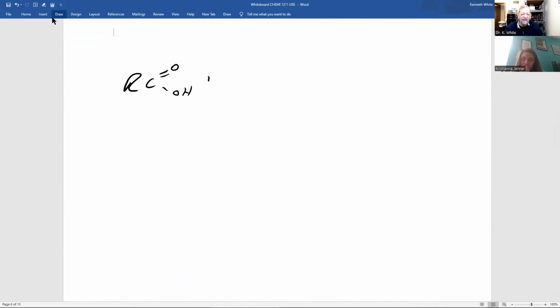But anyways, this is a base. Remember, carboxylic acid plus MOH, and what you'll get, the first reaction is the carboxylate anion.